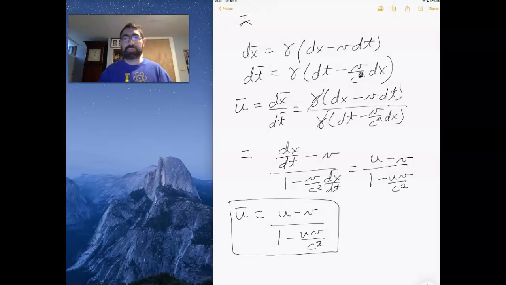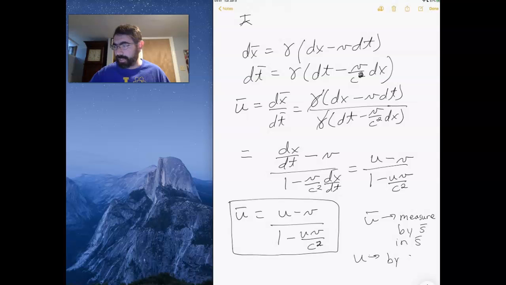So now that we've dealt with measuring time between frames, and distances between frames, we're looking at measuring velocities between frames. So basically, to emphasize the fact that u is measured by s bar, in the s bar frame, u is measured by s.